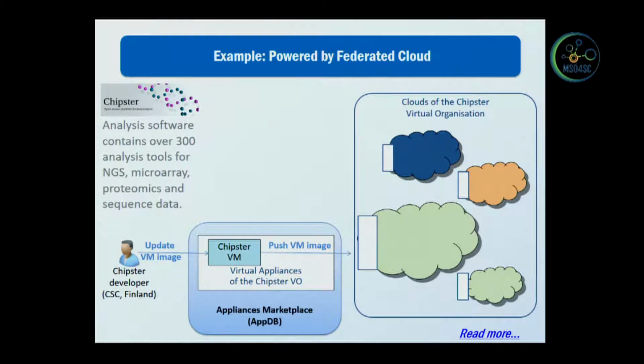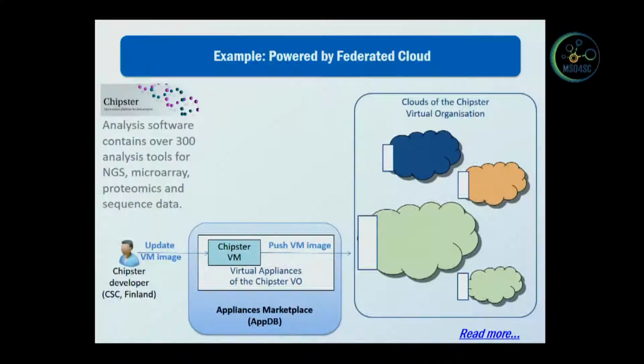Here, Chipster is a relatively simple use case in that sense, because they have only one virtual machine image which is relevant for the community. That virtual machine image includes all the 300 analysis tools. But maybe other communities have a dozen or even more virtual machine images, each encapsulating just a well-defined algorithm.